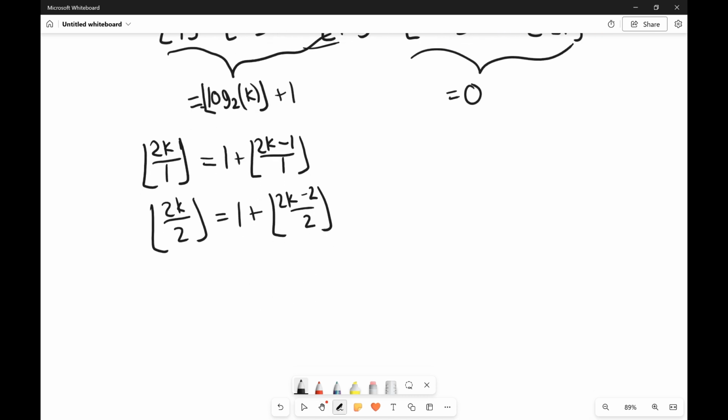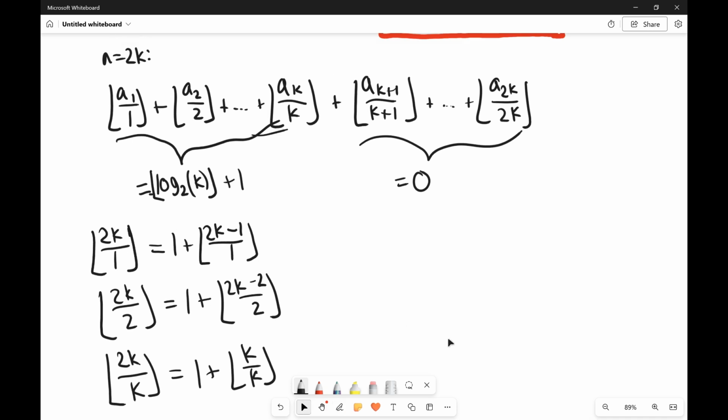And you get the idea. We go all the way up to 2k over k is equal to 1 plus k over k. And each of these still works, and each of these is at least equal to the denominator, so we don't run into any issues here.